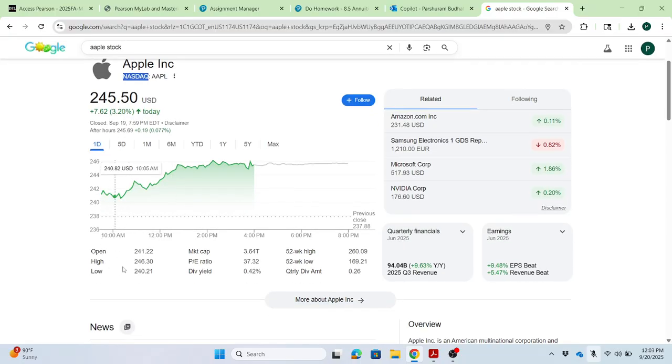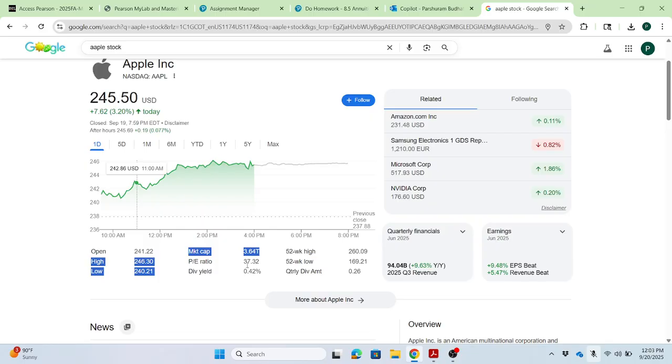Like for today, the open price for one Apple share was $241.22. Today the high price was $246.30, and the low price was $240.21. The market cap, that is the total cost of the whole Apple company at this price, is $3.64 trillion. P/E ratio is the price to earnings ratio.